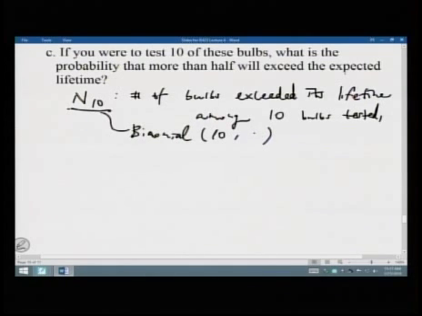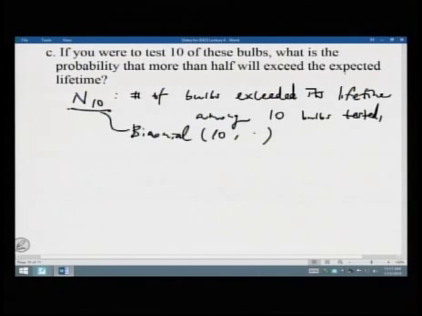What is the probability that a bulb will exceed its lifetime? 0.5, because failure or success? No, you have to be careful.